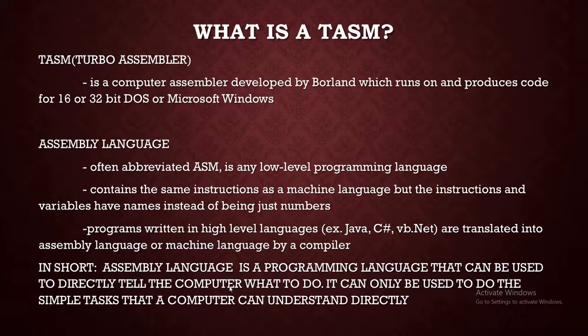And it can only be used to do the simple tasks that a computer can understand directly. So that is the difference between a TASM and assembly language. So may we repeat, when we say TASM, it also pertains to Turbo Assembler, and the assembly language is often abbreviated by ASM. Okay, so may we proceed?